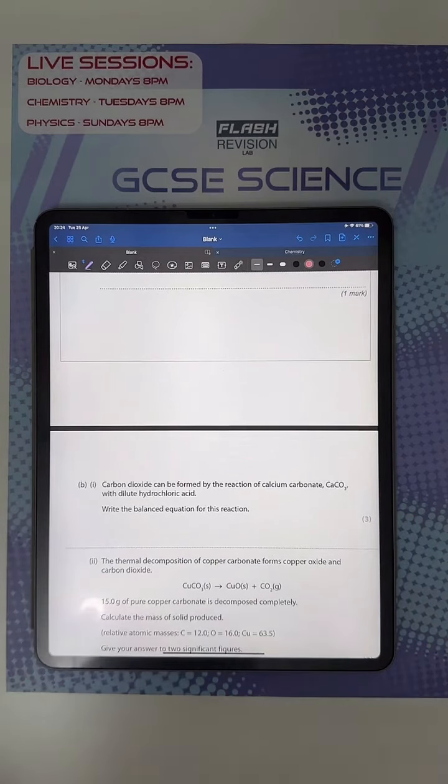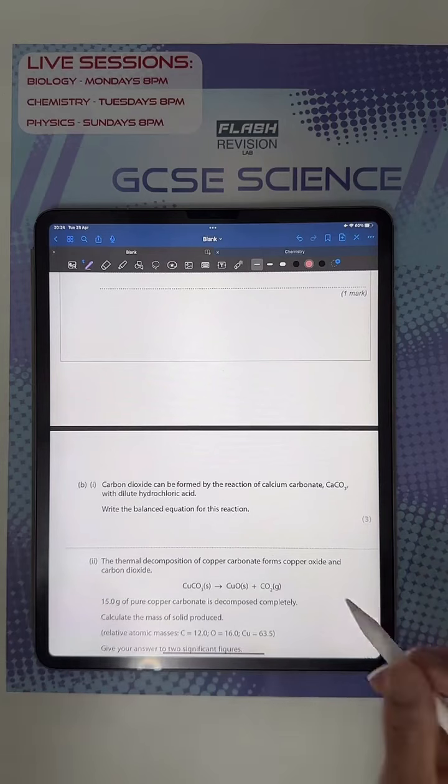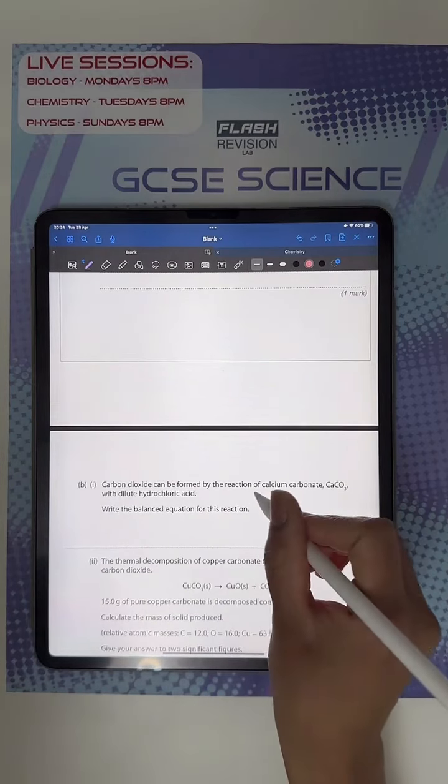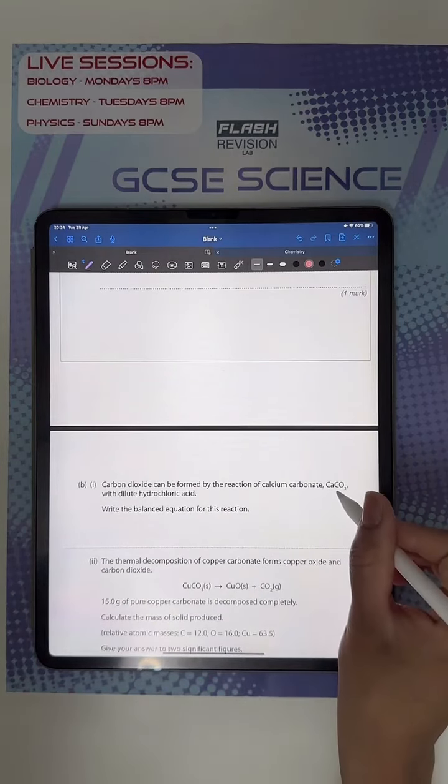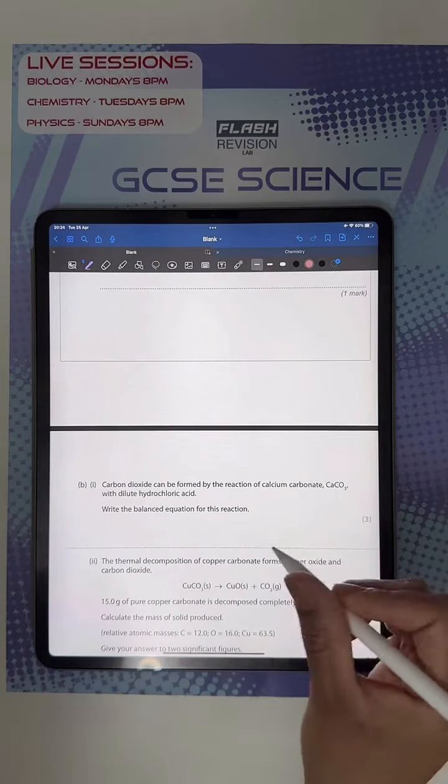What are the reactants? This would be paper 1, guys. Good. Thank you. So it's saying reaction of calcium carbonate with dilute hydrochloric acid.